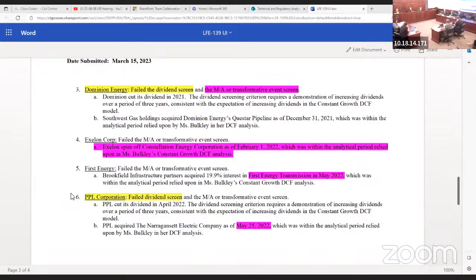Right. Again, you've been testifying here for some time, and with regards to the last UI rate case, the authority's approach on this dividend is a little bit not as strict. We typically are looking at 8 quarters or essentially 2 years of dividends.